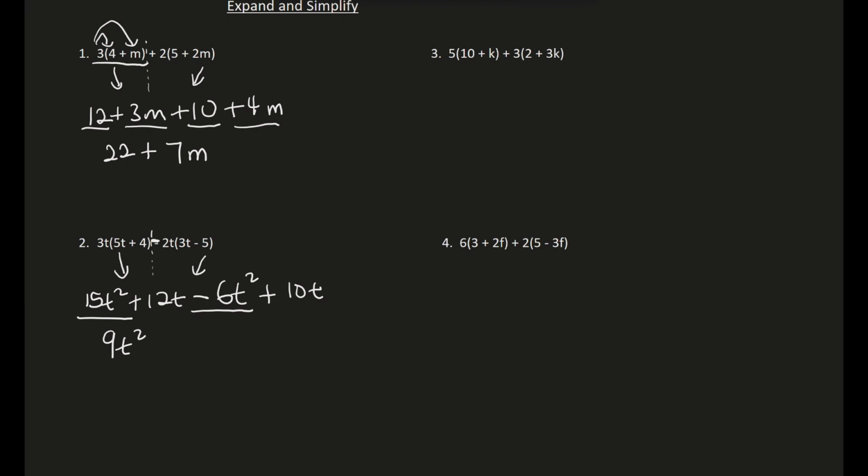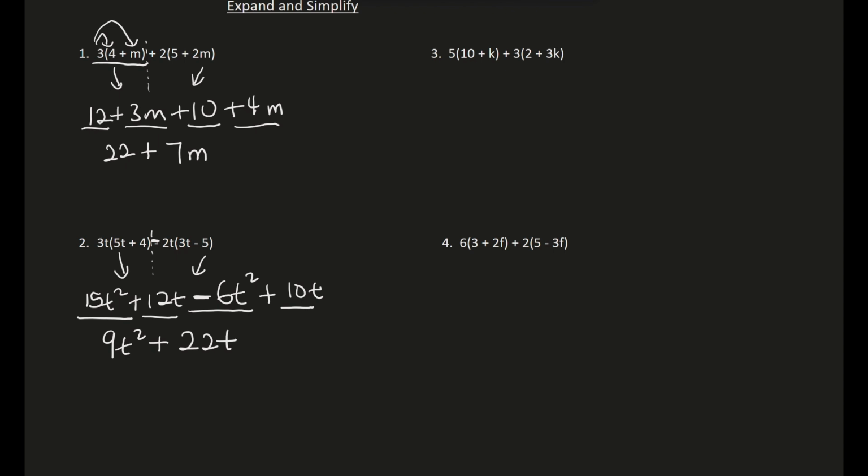Now, this is a mistake most students do. They forget to work with the operation in front of the number. So please take note of that. 15t squared minus 6t squared gives us 9t squared. Then we have 12t add 10t gives us 22t.